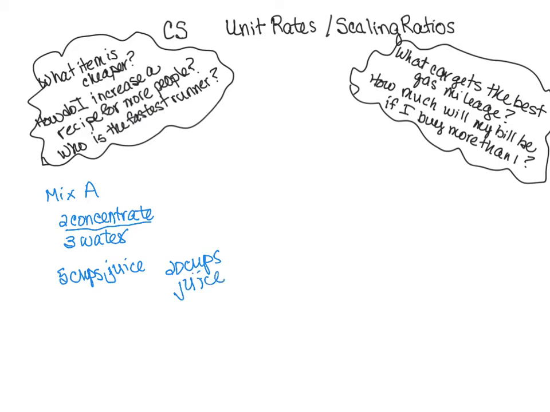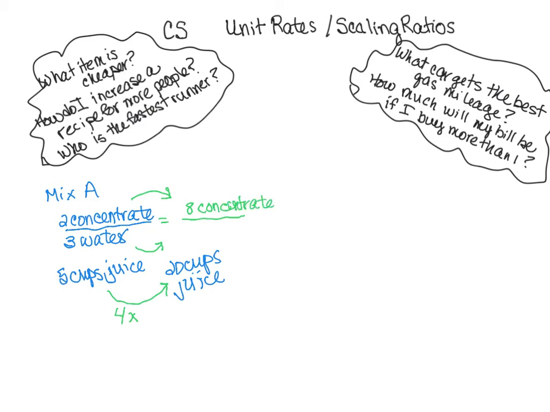Okay, so I need to scale this up. As I'm looking at this, I'm thinking, oh my gosh, I'm going to need 4 times as much juice, which means I'm going to have to make this 4 times greater. So if that was 4 times juice, each of the items in the recipe is going to have to be 4 times. So 4 times 2 is I'm going to need 8 cups of concentrate.